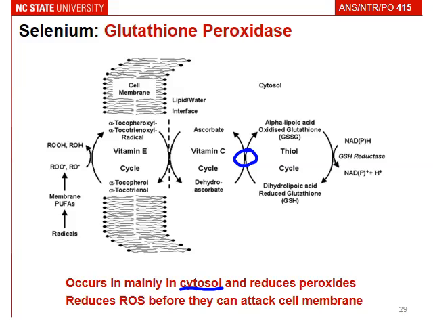If reactive oxygen species are able to come through into the membrane, we should be able to utilize our glutathione peroxidase and quench those reactions also. So with vitamin E we're utilizing vitamin C, and then our glutathione or thiol cycle.